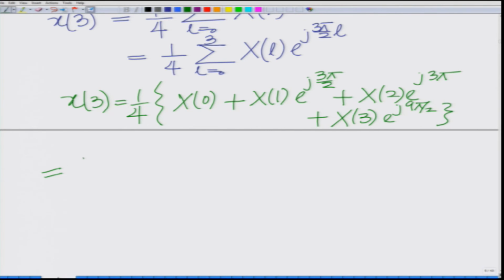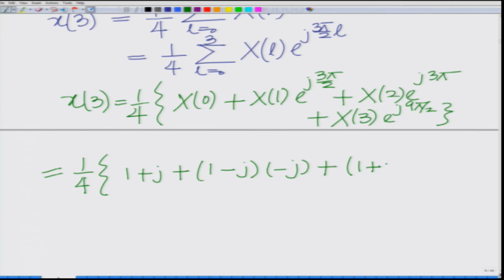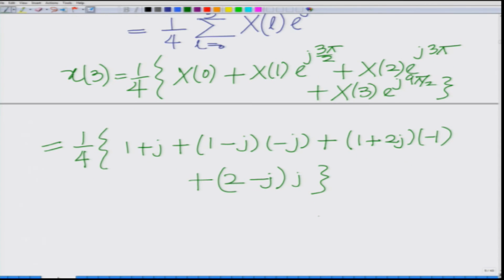This is equal to 1 over 4 times x0 is 1 plus j, plus 1 minus j times minus j, that is e power j 3 pi by 2, plus, well, 1 plus 2j into minus 1, plus 2 minus j into e power j 9 pi by 2, that is j, and when you simplify this, what do you have?